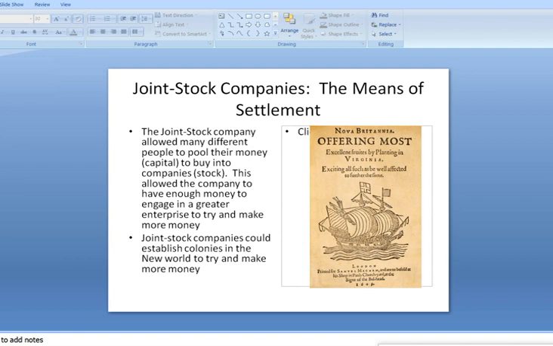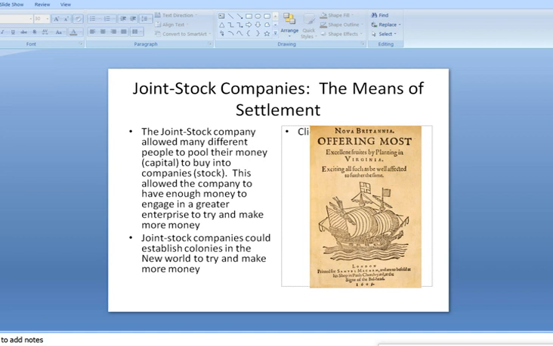Okay? Capitalism is where we use the resources and invest capital in order to meet supply and demand. People make money by supplying to demand and making profit off of that. It's the type of economic system that we have today. That was beginning at this time.